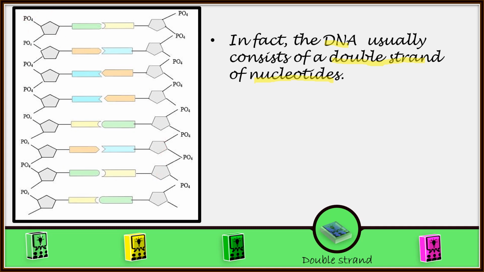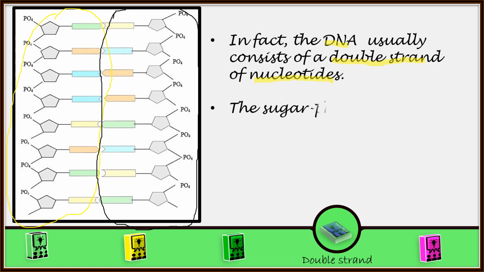It is double stranded. So we have one strand this side. This is one strand of nucleotides. Then we have another strand this side. This one is another strand, and both of them, when they are joined together, we call it a double strand of nucleotides, which forms the DNA.